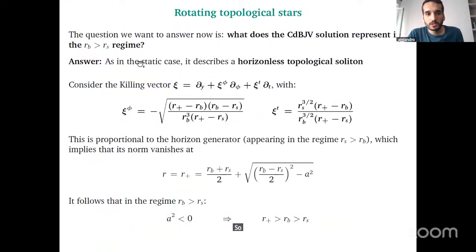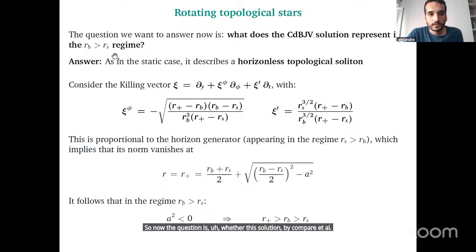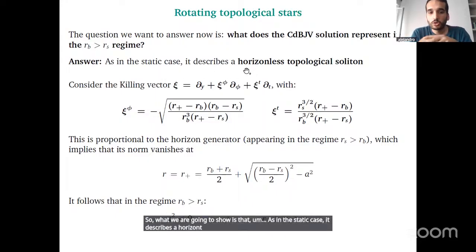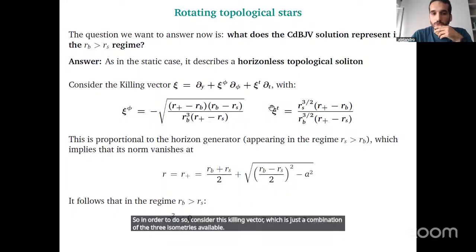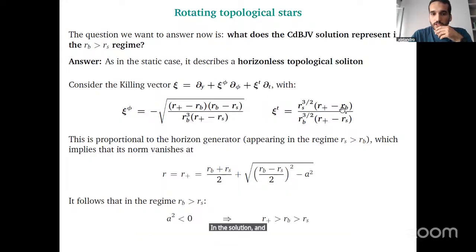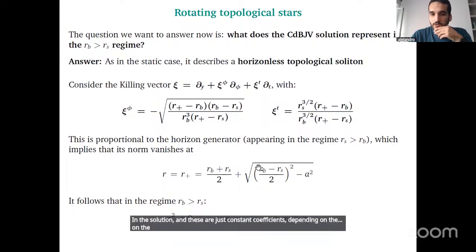So now the question is what does this solution by Compère et al. describe in this regime, R_B bigger than R_S? What we are going to show is that, as in the static case, it describes a horizonless topological soliton. In order to do so, consider this Killing vector, which is just a combination of the three isometries available in the solution, and these are just constant coefficients depending on the parameters of the solution.